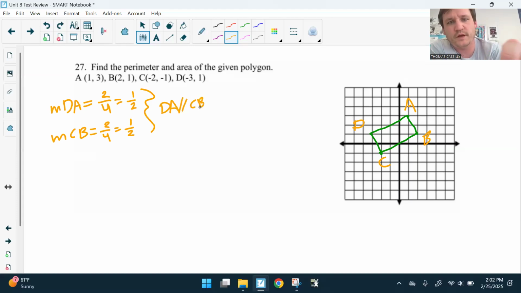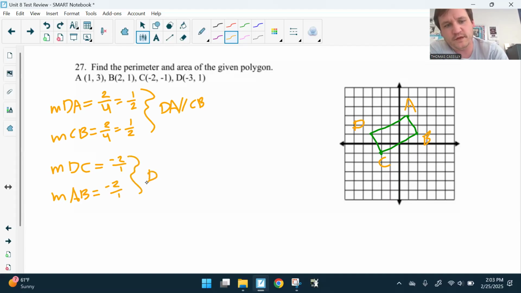The slope of DC is -2/1. The slope of AB is also -2/1. So I know that DC is parallel to AB. Therefore, I know it is a parallelogram.